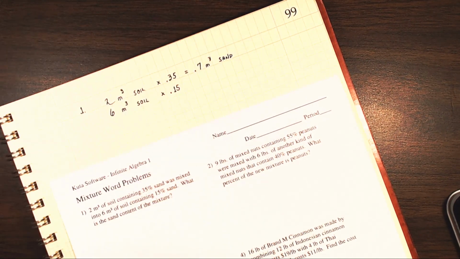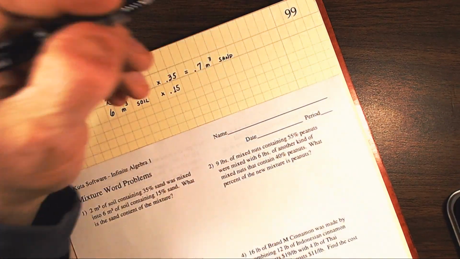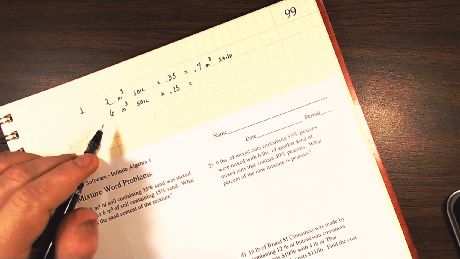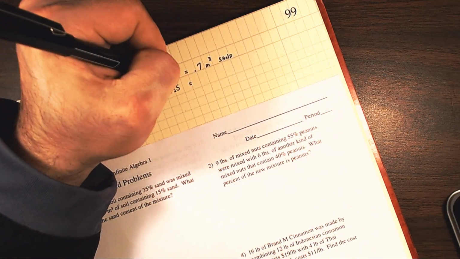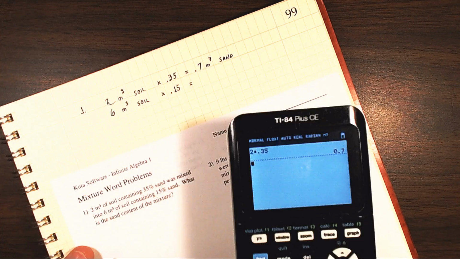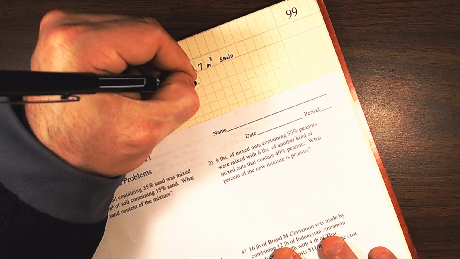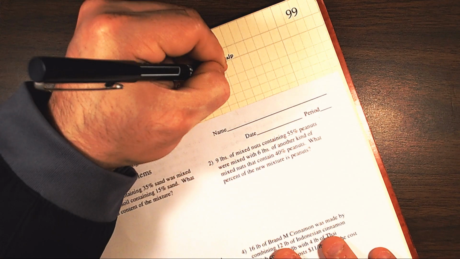So when I'm trying to represent this mathematically, I say, okay, 6 cubic meters times 15% is going to give me the quantity in cubic meters of sand in the 6 cubic meter batch. The way I'm going to do that is by multiplying 6 times 0.15, and I get 0.9. So I'm getting 0.9 cubic meters of sand in the second batch.